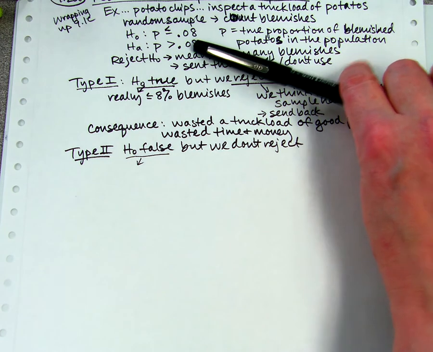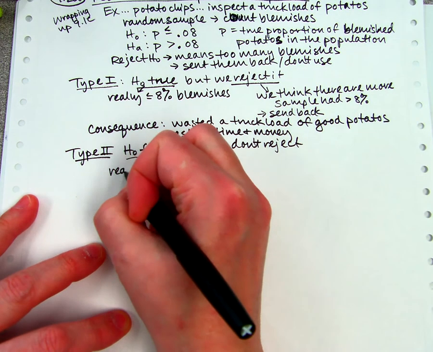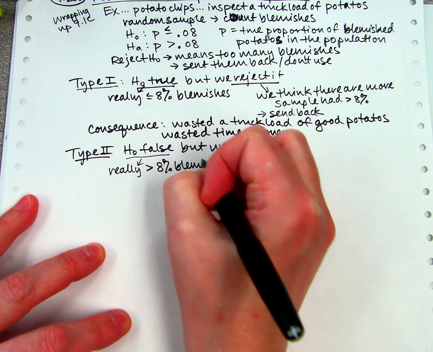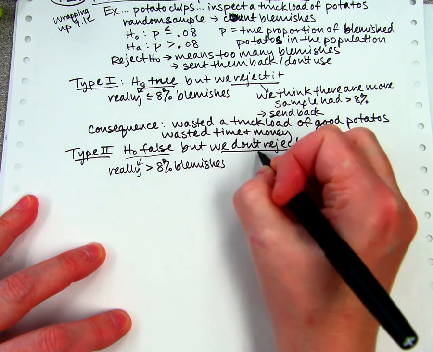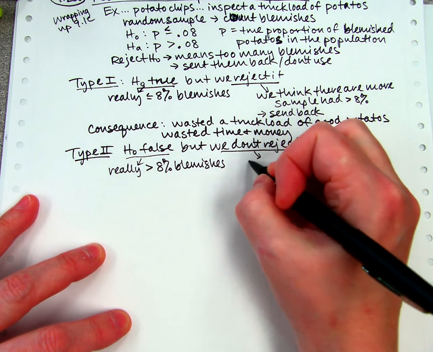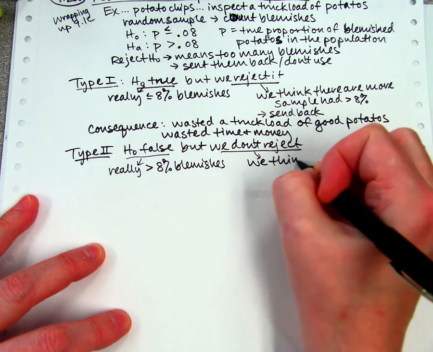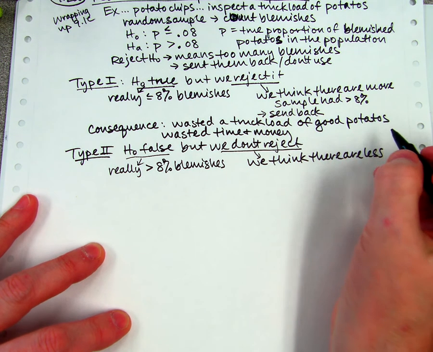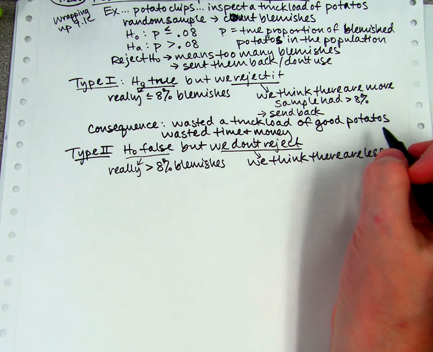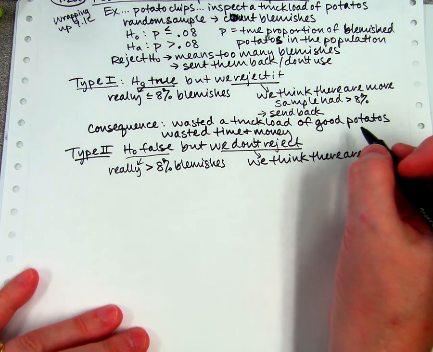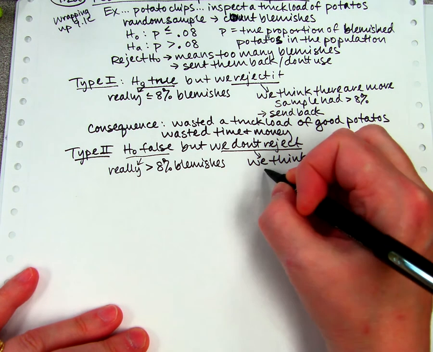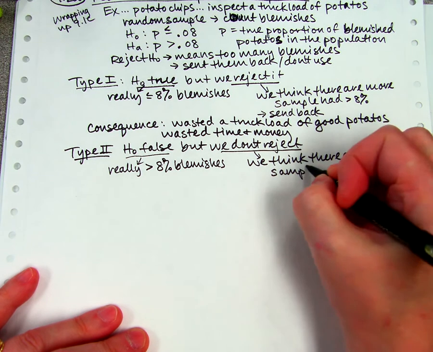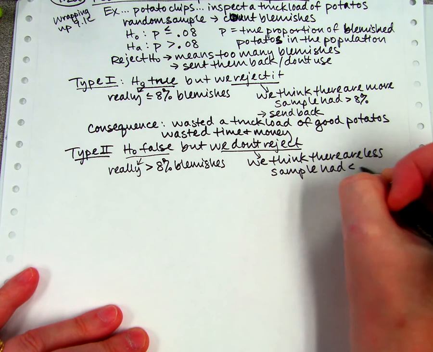There really are more than 8% with blemishes, but we don't reject it because we think there are less than 8%, or we think there's exactly 8%, or we just don't think that there's more because our sample came out better. The sample had less than 8%.